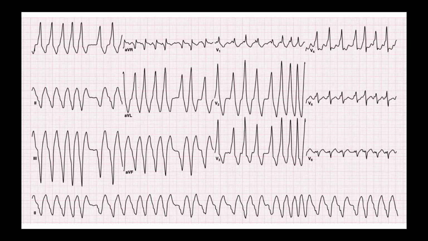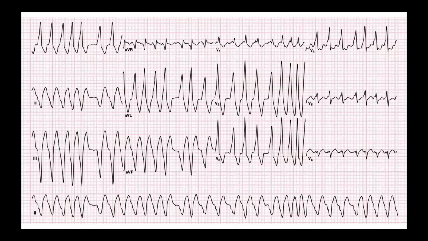Good analysis. You said wide complex tachycardia, irregular, most likely atrial fibrillation, and then you said apparently conducted or right bundle branch block. Try to look closer at why it is wide.